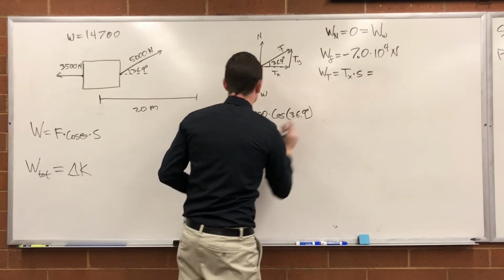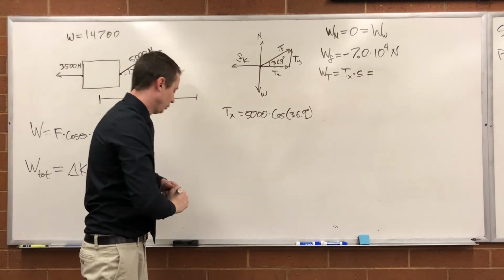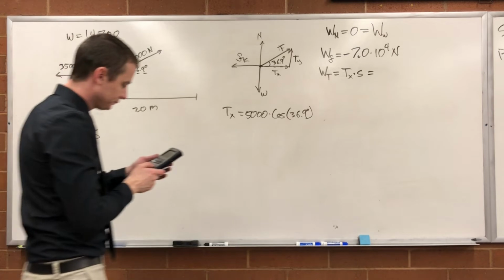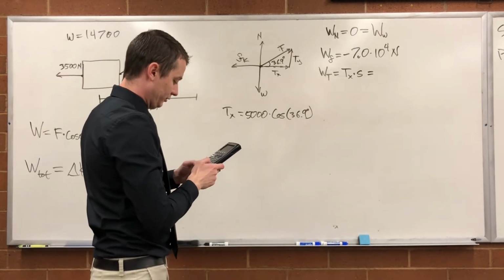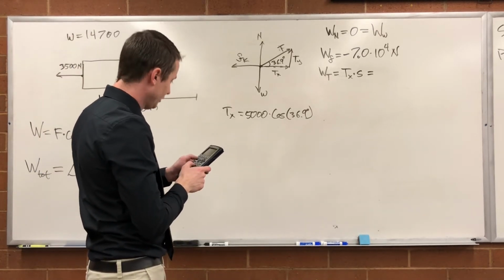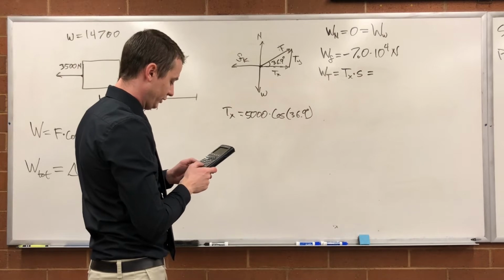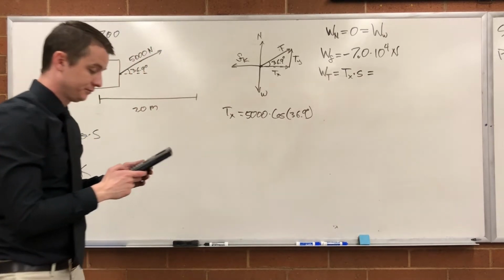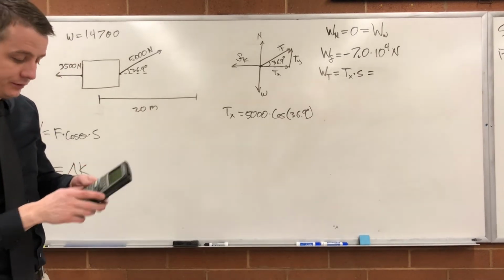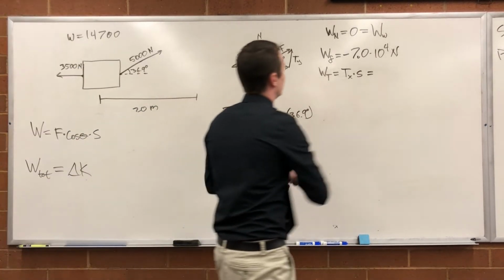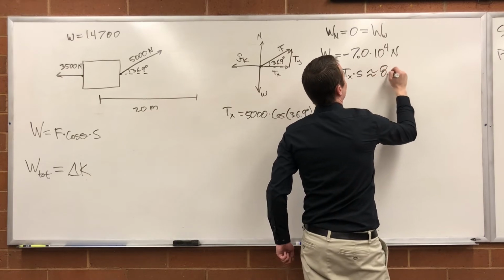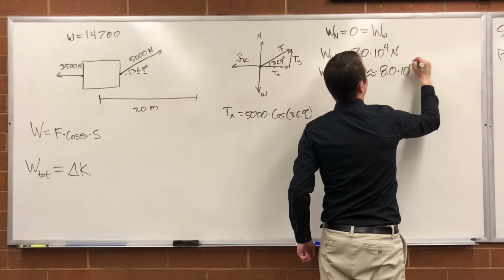Calculate that, multiply it by 20, and that gives us our total work. So 5,123 times cosine of 36.9 times 20 is equal to about 80,000, about 8.0 times 10 to the 4 newtons.